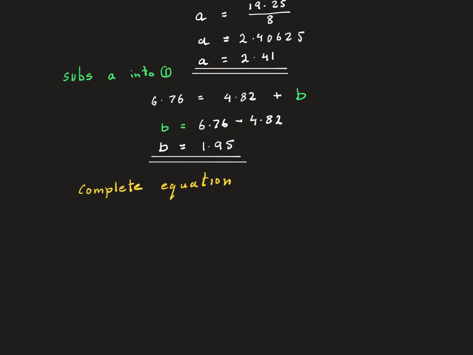And therefore our complete equation will be h squared, which is equal to at, where a is 2.41 t, plus b, where b is 1.95.